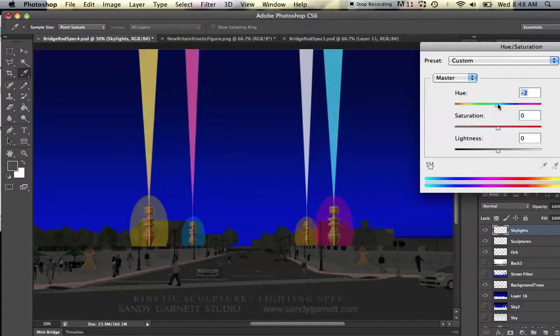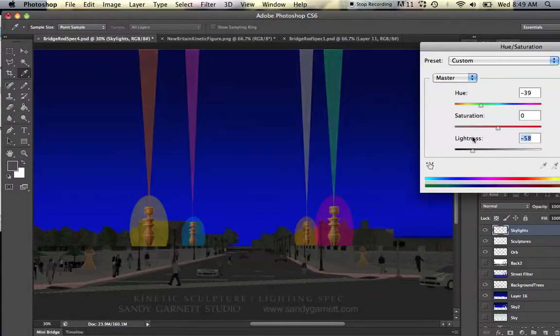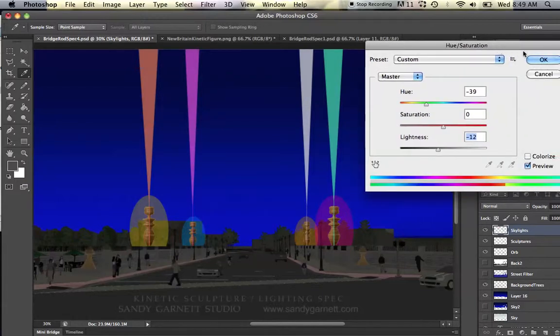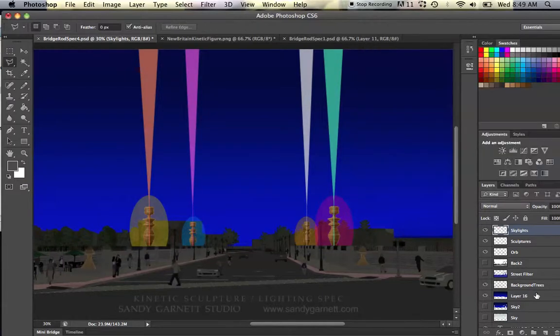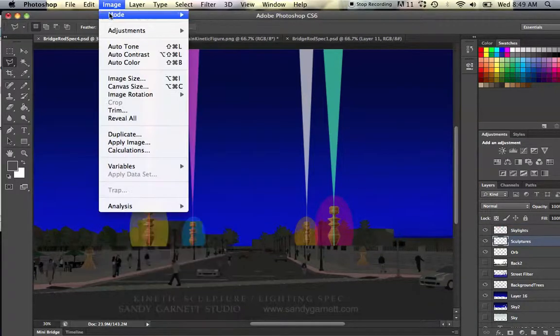This would be 4 different controls, varying lightness and dimness, and the same would occur here.